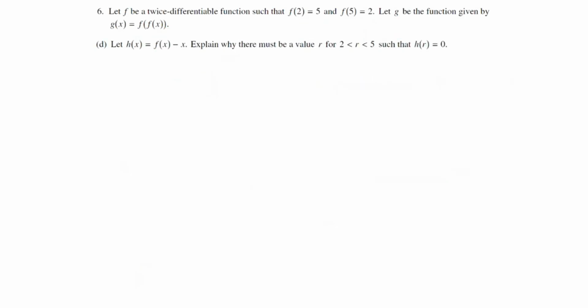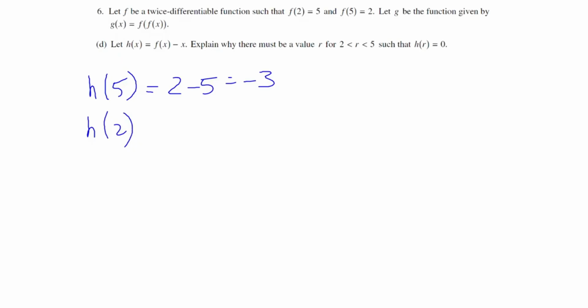And here in part D, we've got a new function h of x, which is f of x minus x. And we want to explain why there must be a value r on 2 to 5 such that h of r is equal to 0. Well, first let's see what h of 5 is. So h of 5 is going to be 2 minus 5, which is negative 3. And then we'll see what h of 2 is.